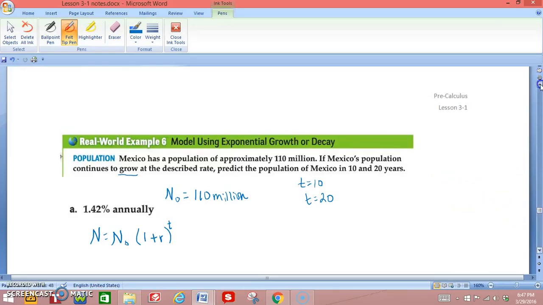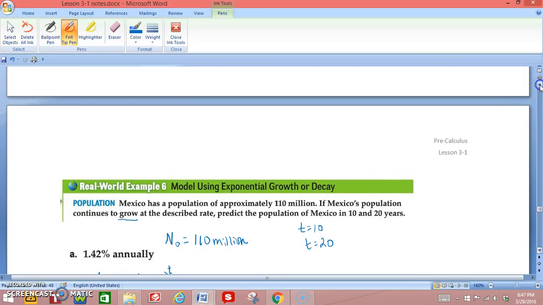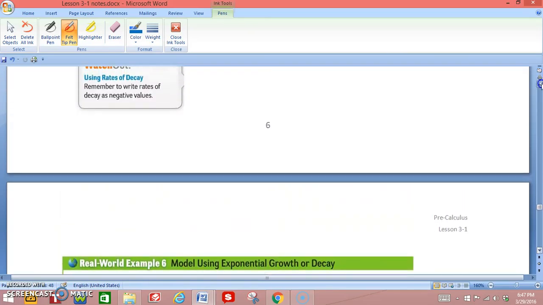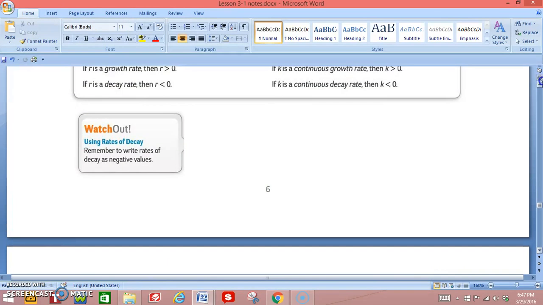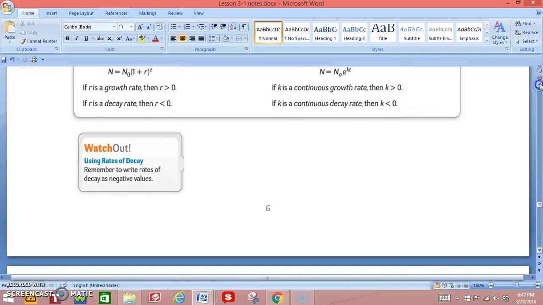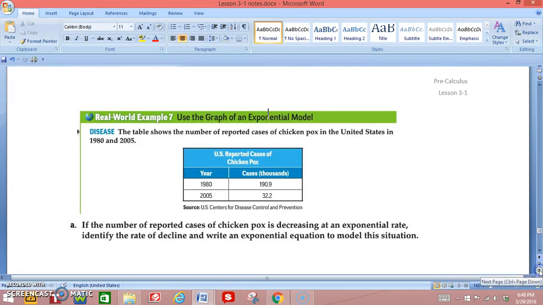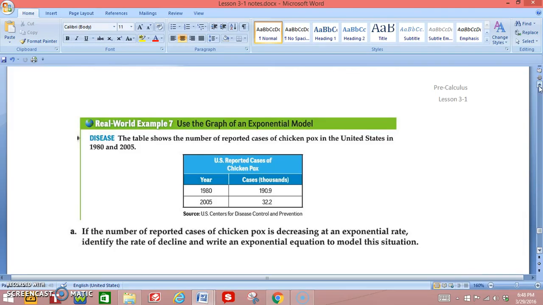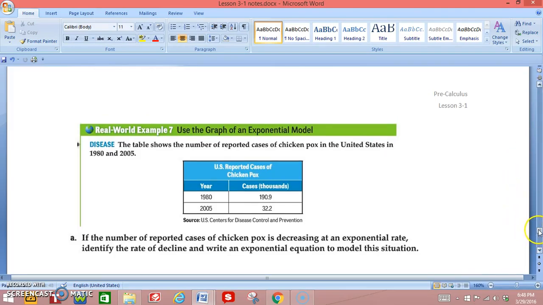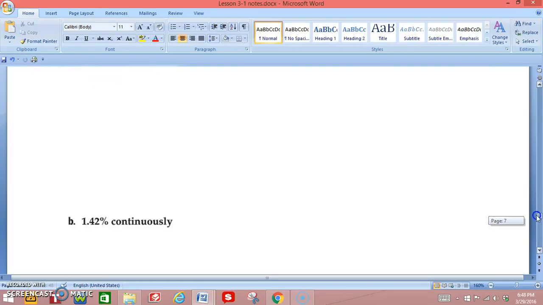Go back and double check that. Yes, 1 plus R to the T power. Whoops. Went to a completely different page, didn't it? This is not working. There we go.